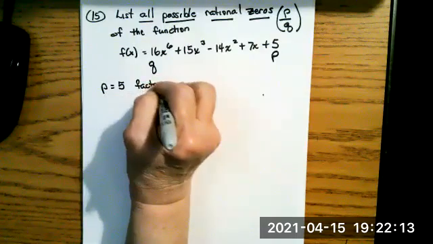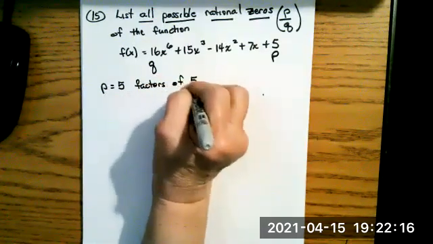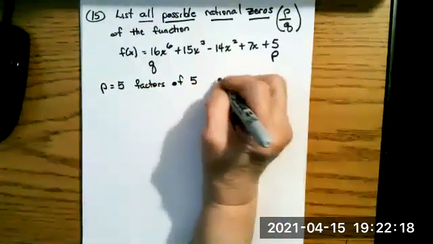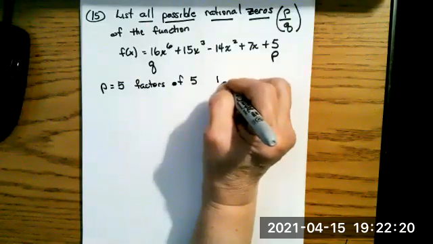Factors of 5 are numbers that will go into 5: 1 and 5.